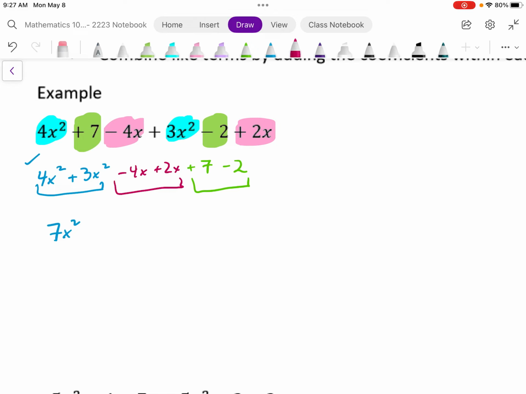Negative 4x plus 2x. Negative 4 plus 2 is negative 2x. The variable comes along. 7 minus 2. Well, I think I've done this many times before. 7 minus 2 is 5. There we have it. I actually think that organizing by color when we're first starting out with polynomials is going to be very important.